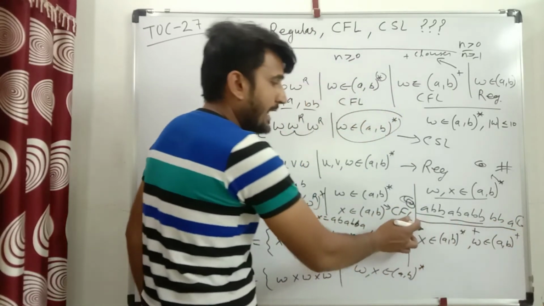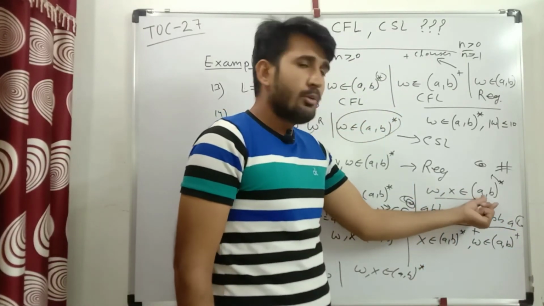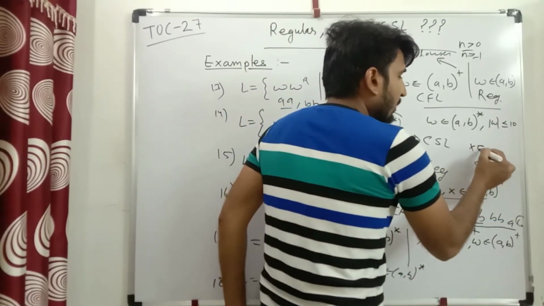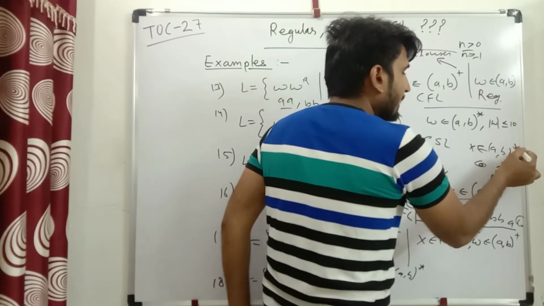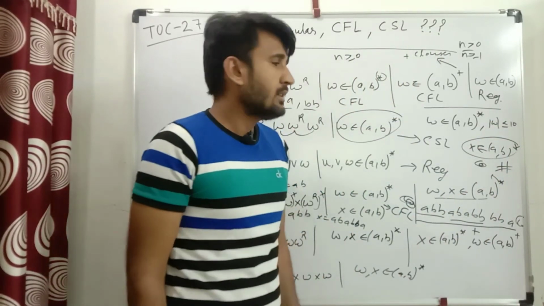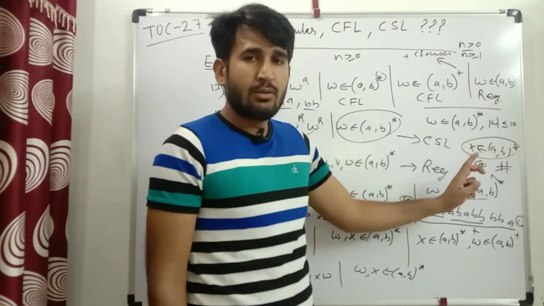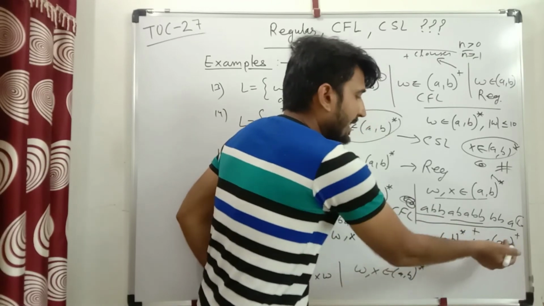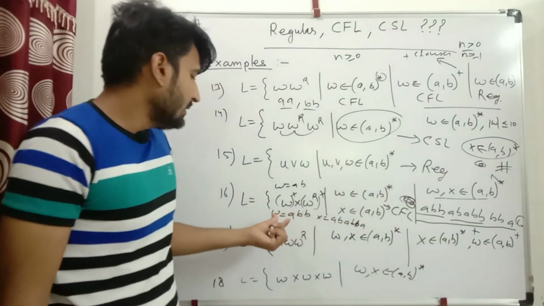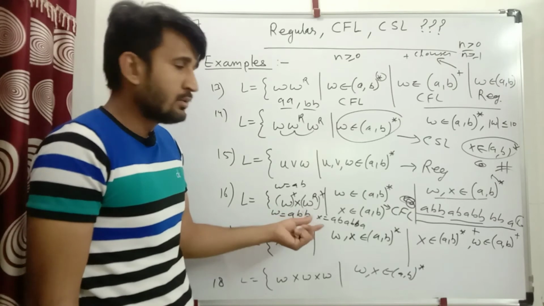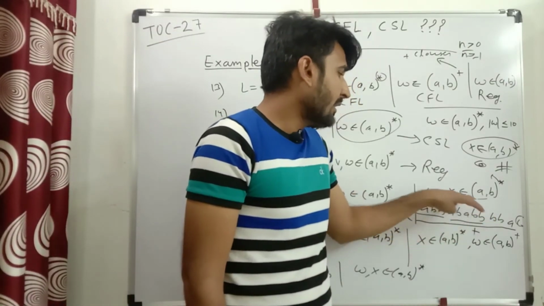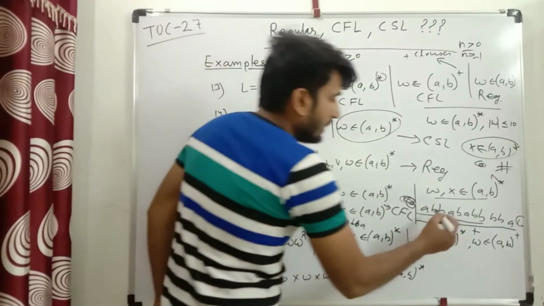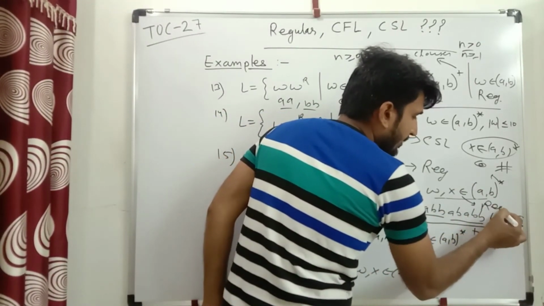So the whole thing is X. If X belongs to {a, b} whole star, this is a regular language. There is no comparison between first and last. We already made null as W. So it is X, X belongs to {a, b} star. So the given language is regular.